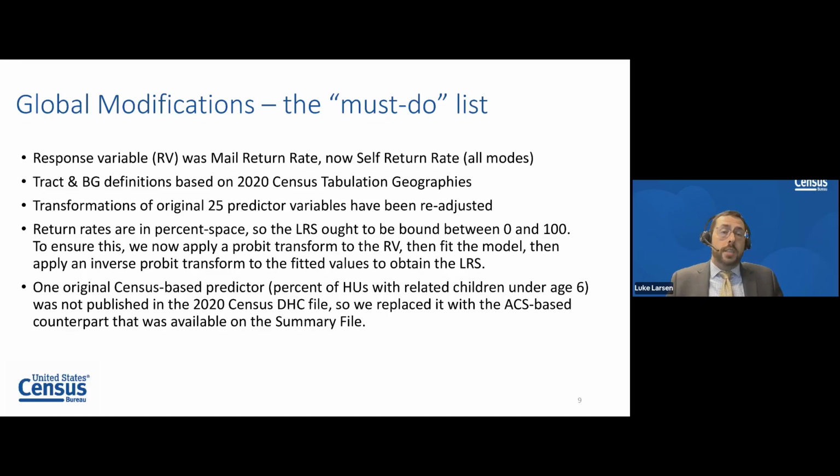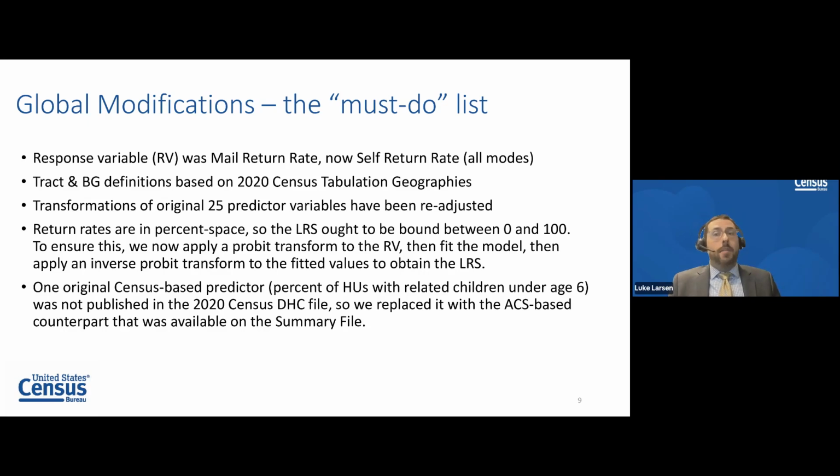Two other changes that we made have to do with how we are presenting the return rates themselves prior to modeling. Because the return rates are defined in percentage space, they're supposed to be bound between 0 and 100%. In a linear regression model, sometimes your fitted values and your predictions can exceed those bounds. So you may have negative values, or you may have values in excess of 100.